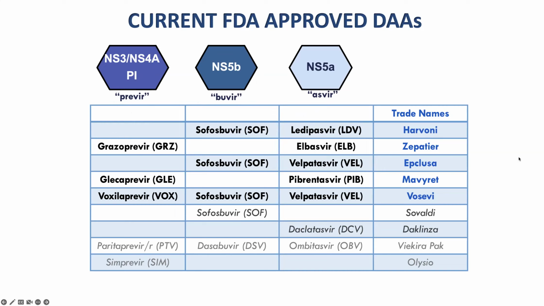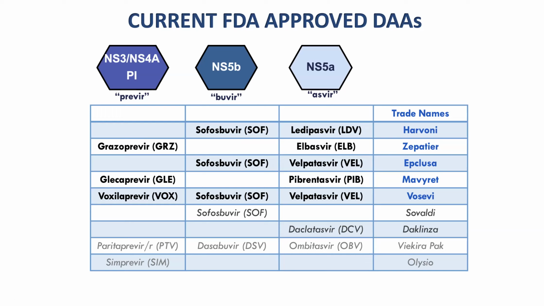I'm going to emphasize to you that there's only 2 drugs that I think you need to know. One of them is Epclusa, which is Sofosbuvir and Velpatasvir. It's an NS5B and NS5A combination. And the other is Mavyret, which is Glecaprevir and Pibrentasvir. So different combo that we're using, different classes. But those two are the ones that are recommended under the current simplified approach to treatment.